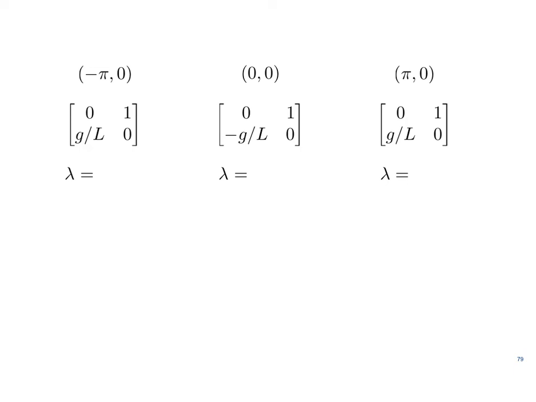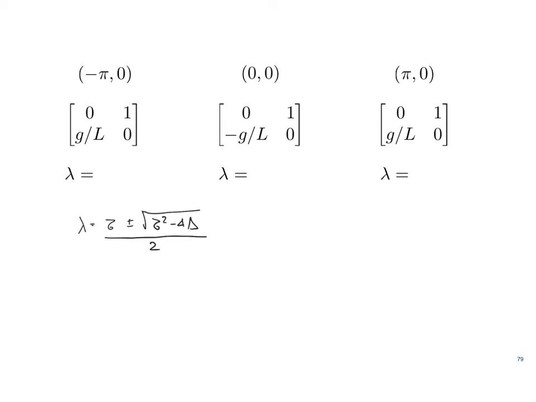Let's find now the eigenvalues for each Jacobian. So just remember again this formula. From here it is simple to realize that the equation simplifies because the trace, what is the trace of this matrix? Well, actually the trace of all the matrices is 0.